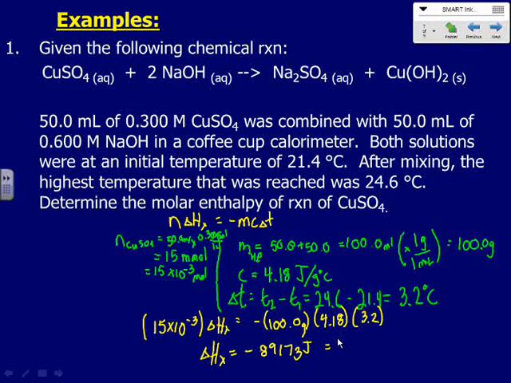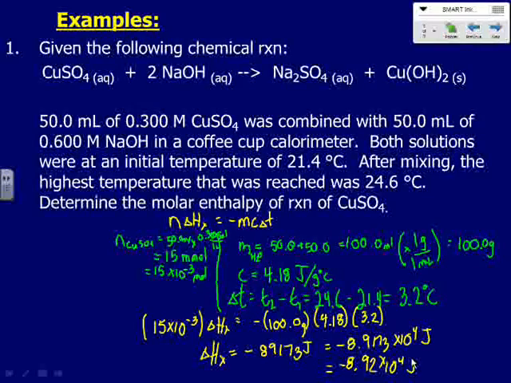Which is the same as, and again, if we go to scientific notation, we'll be dealing with negative 8.9173 times 10 to the 4 joules, and in scientific notation, that is going to be negative 8, to 3 significant digits, 8.92 times 10 to the 4 joules.